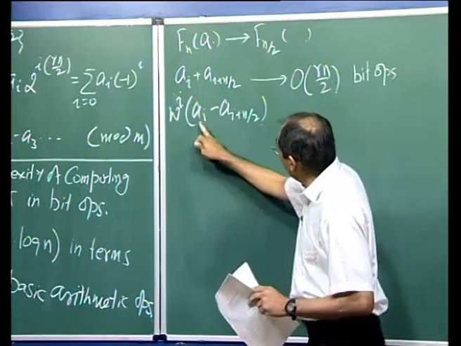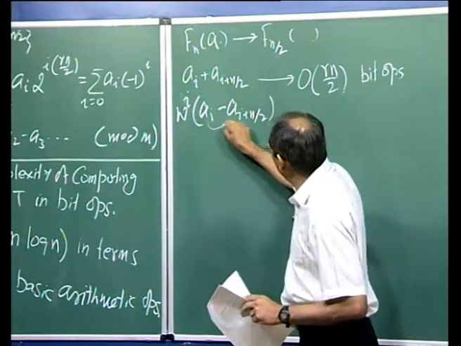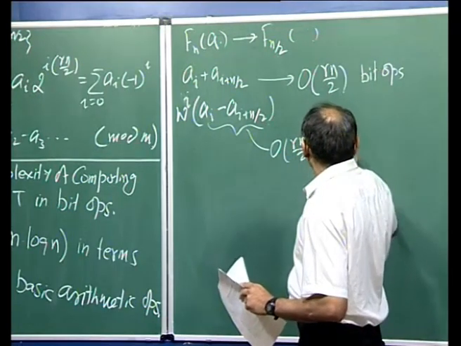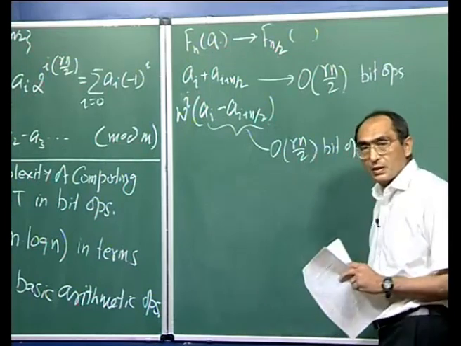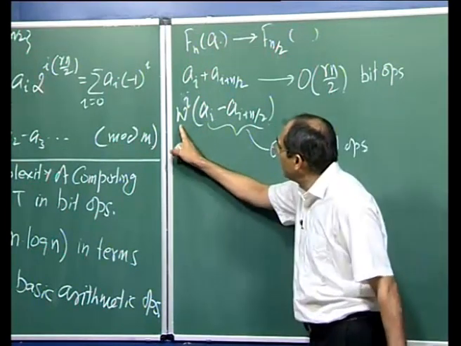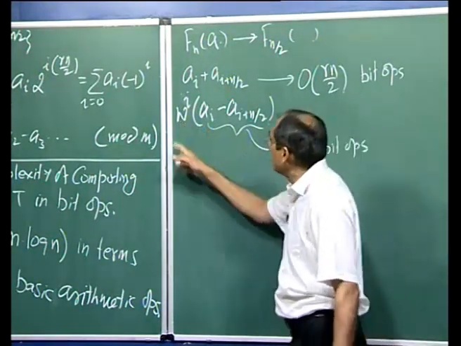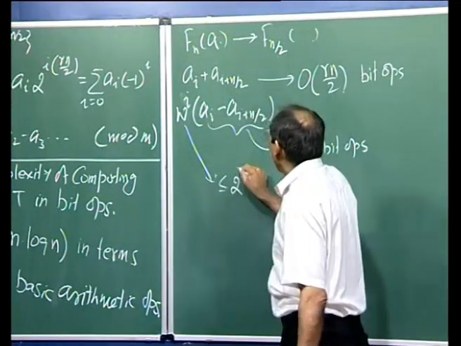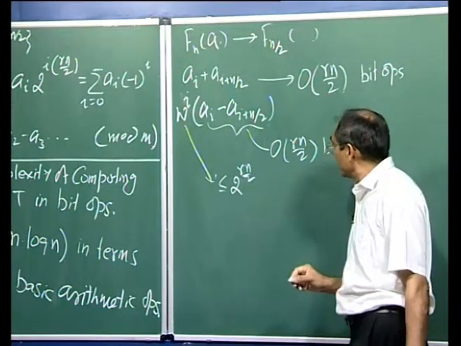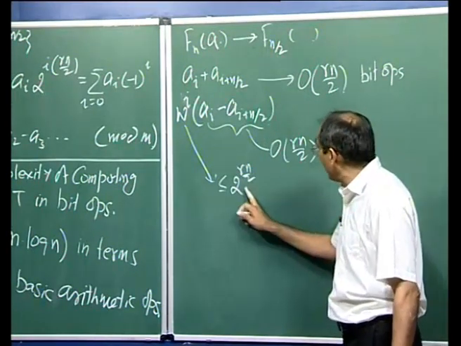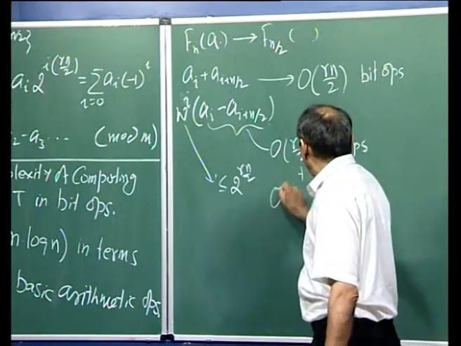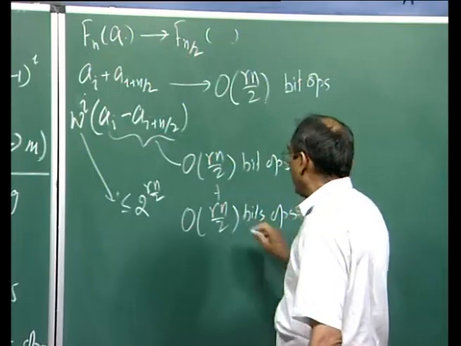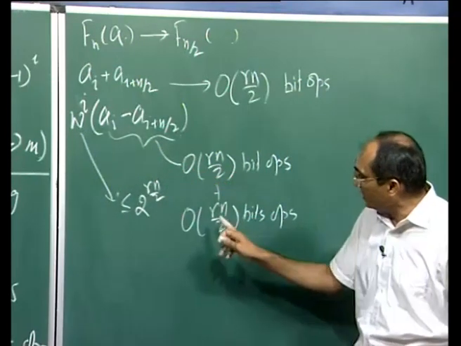Now over here again these operations are order Rn by 2 bit operations, and this is less than or equal to 2 to the power Rn by 2. So once again I am going to perform order Rn by 2 bit operations, which are nothing but shifting, that many shifts.